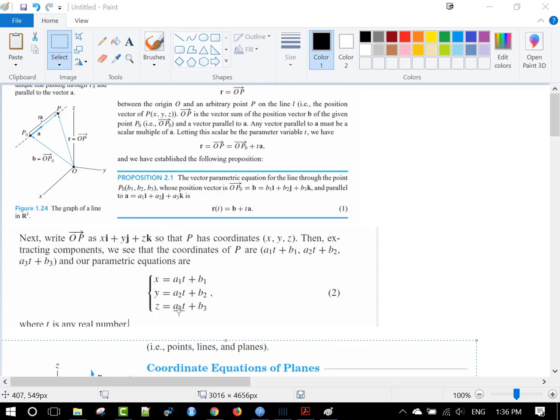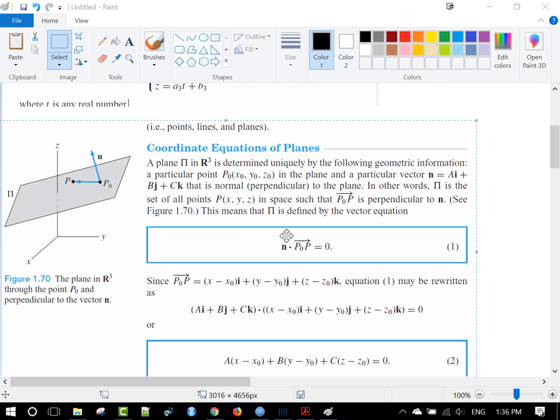And we also saw that we could write that like this. And then we said that we could do a dot product like this. And this would represent all the points in a plane that were normal to n. This was the picture. So P0, P, any point P that satisfies the dot product equals 0 will give you a point in the plane.